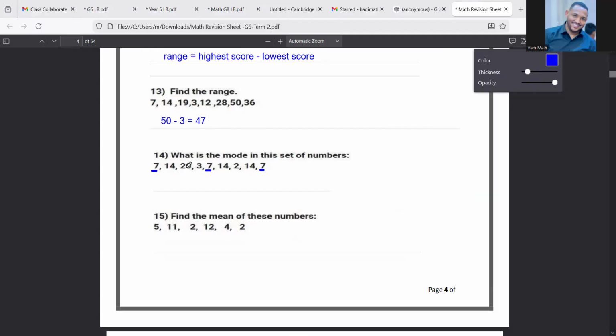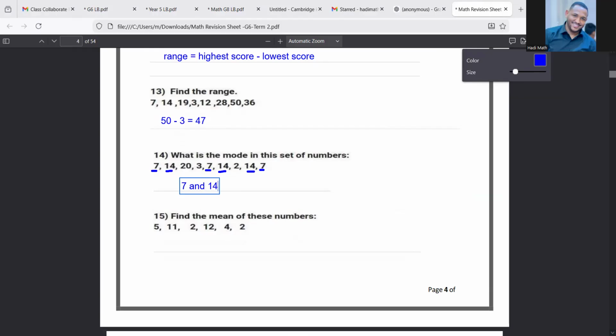Let's see the 14. 14 repeated how many times? 1, 2, 3. 14 repeated 3 times. 20 never repeats. 3 never repeats. 2 never repeats. So the mod is 7 and 14.